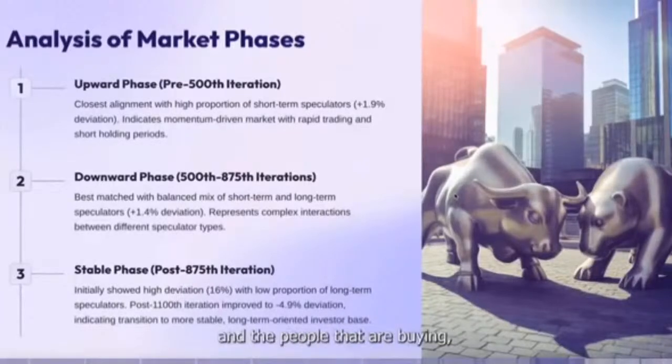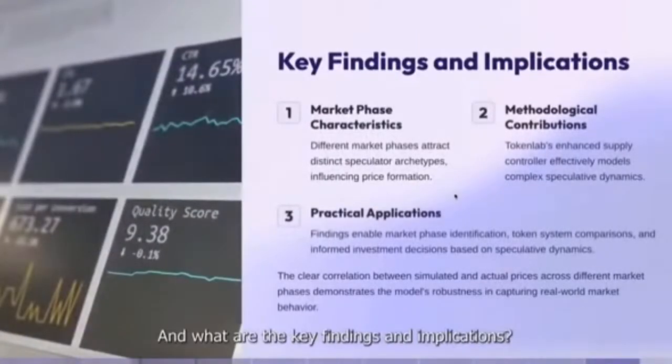And the people that are buying are driven either because they're believers in the project or delusional in some cases, but quite often they're professional traders that have better models and can afford to wait. And all these obviously represent different appetites for risk as well as different levels of sophistication, which leads to this behavior. Again, fascinating results. And what are the key findings and implications?